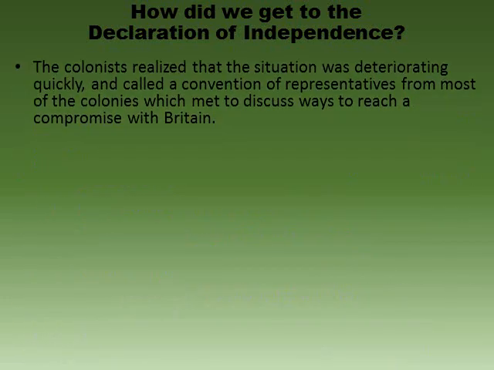Well, so we see the situation really deteriorating, and the colonists recognized that as well. And so they called a convention of representatives from most of the colonies to meet together and figure out a way to reach a compromise with the British government. It's important to remember we're so used to having a country made up of all these different states, some of which used to be colonies.